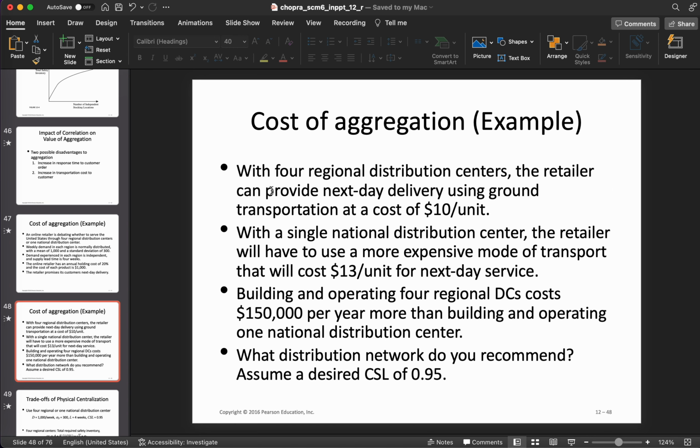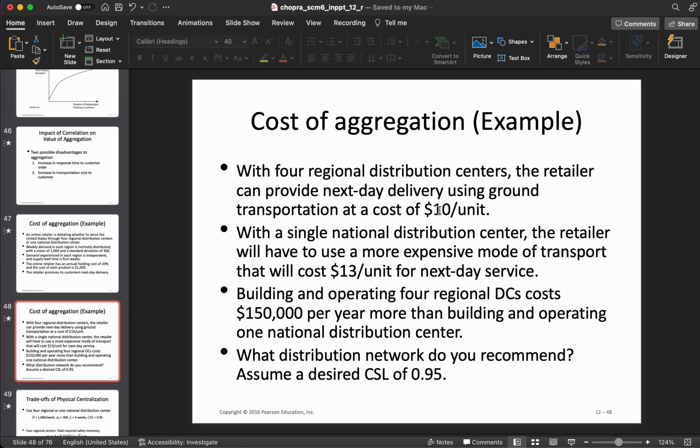Now, with 4 regional distribution centers, the retailer can provide next day delivery using ground transportation for just $10 per unit. But with a single national distribution center, the retailer will have to use a much more expensive mode of transport, either rail or air. So the per unit cost will be $13 instead of $10. And that's the disadvantage that we're talking about.